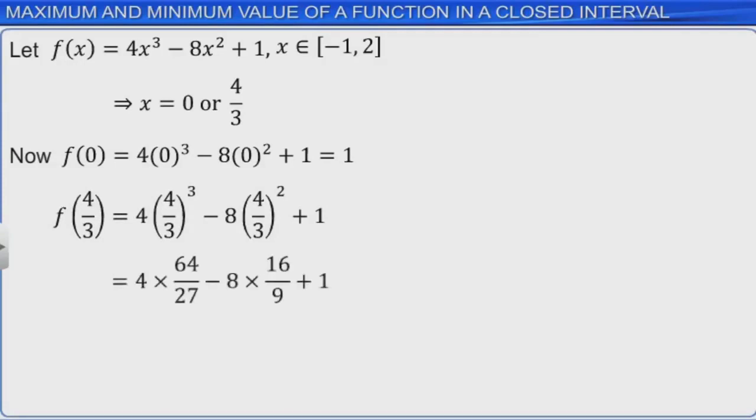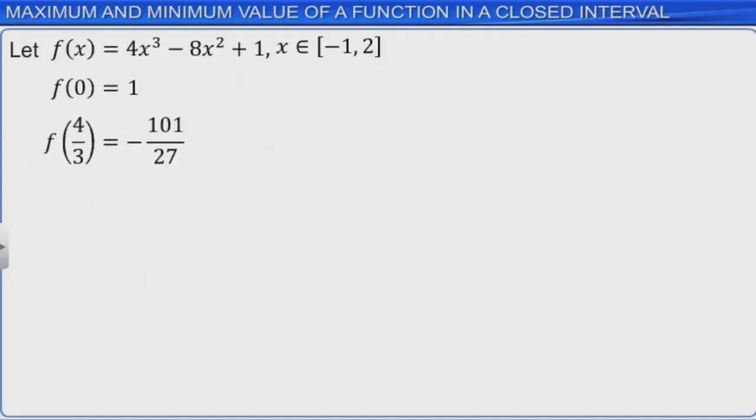Also, we find the value of the function at the endpoints of the interval. We get f(-1) = -11 and f(2) = 1.